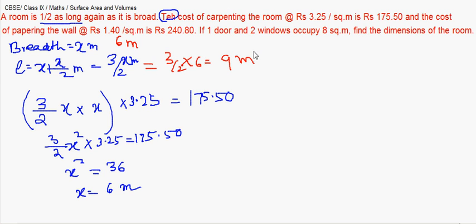We have to find the dimensions of the room, which means we need to find the height. We already got length and breadth, right? So what does it say? It says the cost of papering the wall. So papering the wall means the lateral surface area of the cuboid.